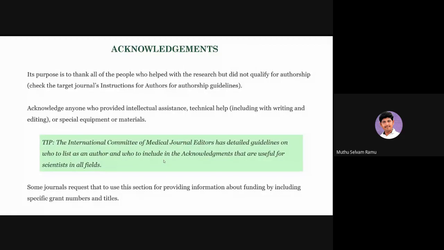So what does an acknowledgement mean and what can you include? An acknowledgement includes thanking people who contributed to this article but who cannot claim authorship. There are a few rules for providing authorship. You cannot give authorship to someone because he or she is your friend or a friend of your boss.